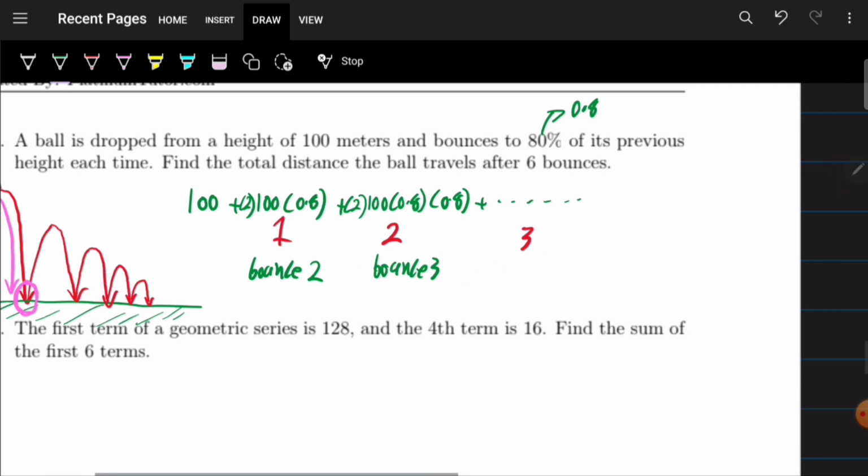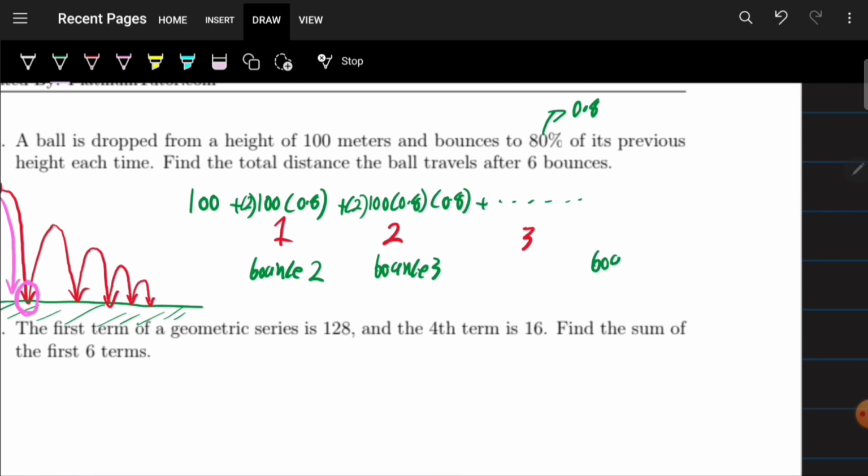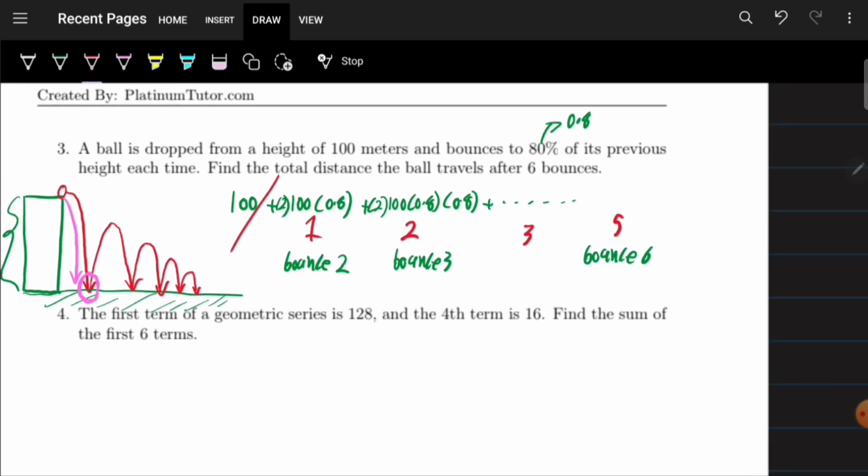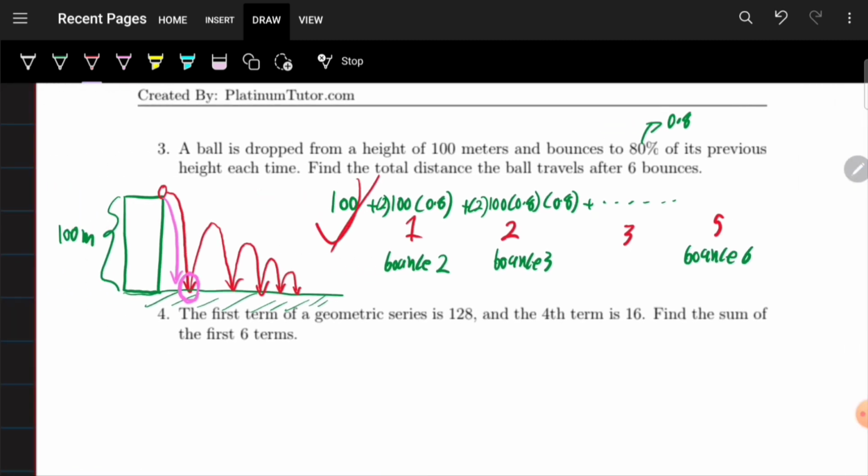So bounce 6 is going to correspond to term 5. Again, that's not including the 100. So we're going to figure out the sum of the terms up to term 5, and add 100 to that.